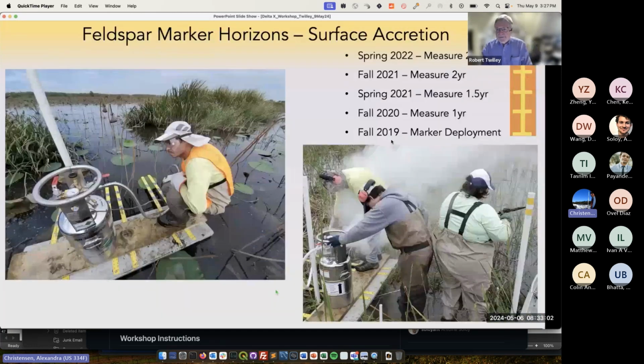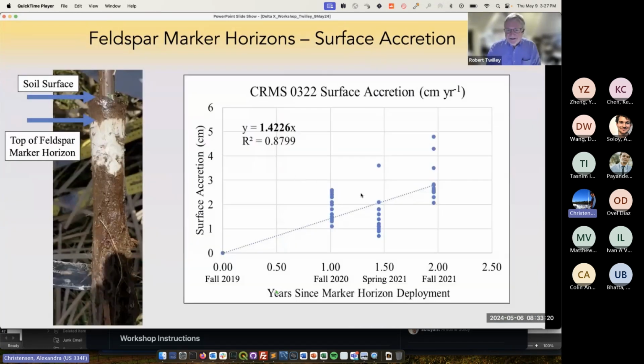So you deploy the marker. We did in fall of 2019, and we go back one year later and measure the deposition above the marker, go back another six months and measure again, go back another six months and measure again. What you end up with is a series of measurements at these different times since the original marker was laid down.